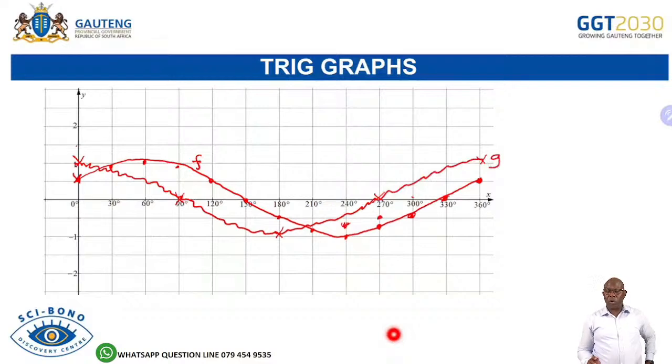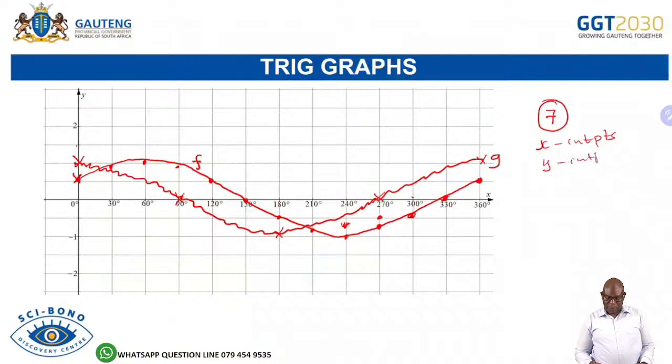So can you see I've got 2 graphs here on one, and the mark allocation for these 2 graphs is about 7. I'm just going to break down the mark allocation for you. The marks are for the x-intercepts, y-intercepts for the 2 graphs, the turning points, and we also have marks for endpoints.